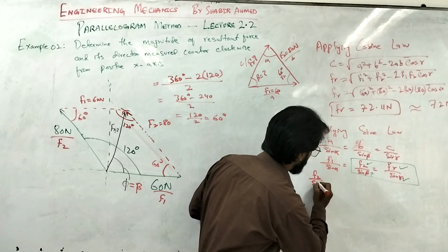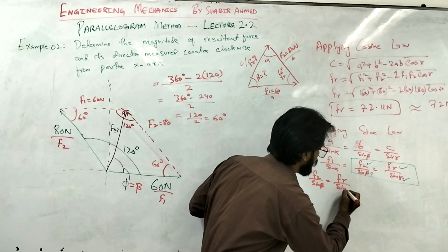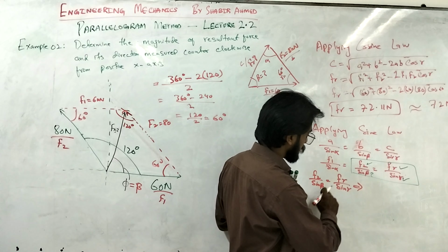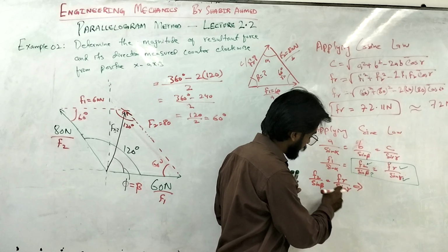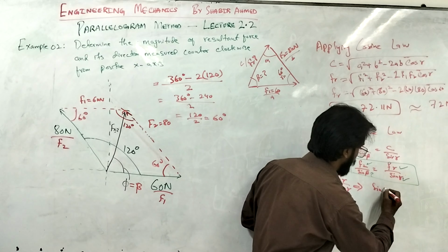F2 upon sine beta is equal to Fr upon sine gamma. When we are solving it for beta, beta will go over there and Fr will come over here, and sine gamma, which is here in division, will go into multiplication over there. So we will have a value like this.